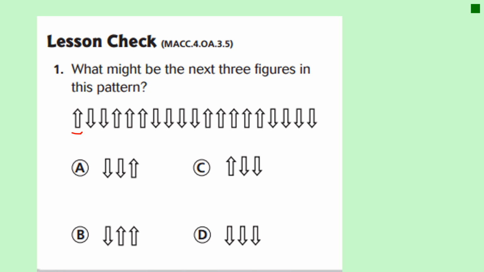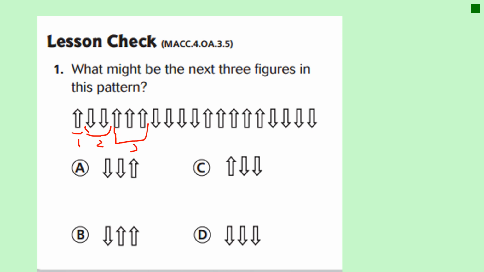Then there's a down and a down, right? Then 3 arrows go up. You see that, guys? So 1 goes up, 2 go down, 3 go up.